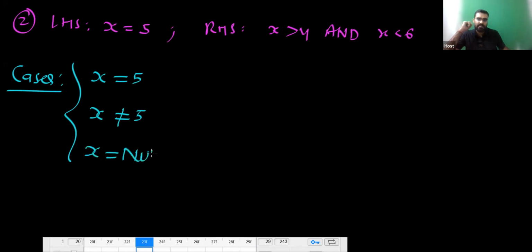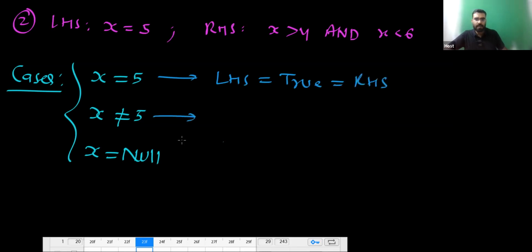If X is 5, LHS and RHS both become true. If X is not equal to 5, like maybe X is equal to 6, then both LHS and RHS become false.